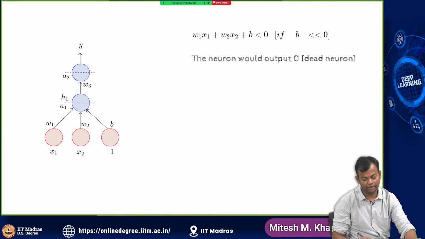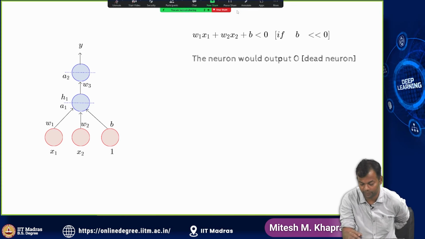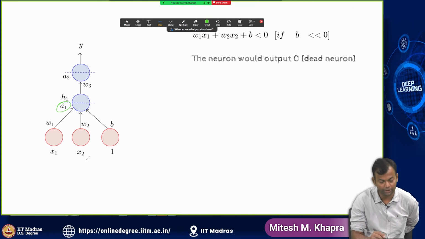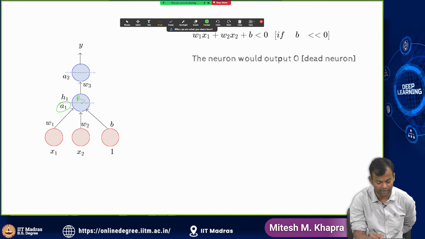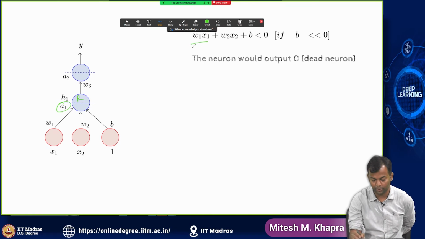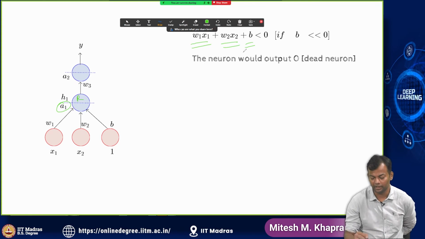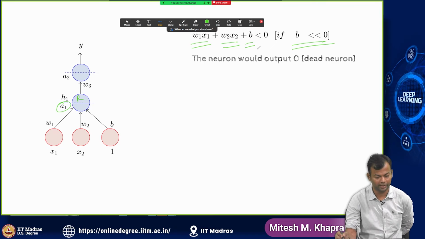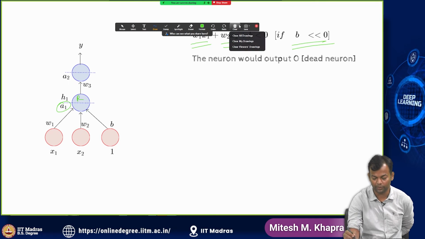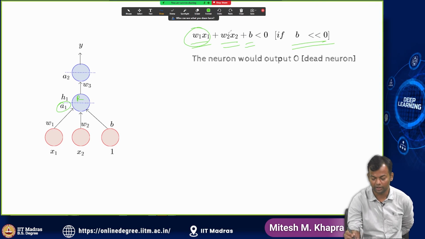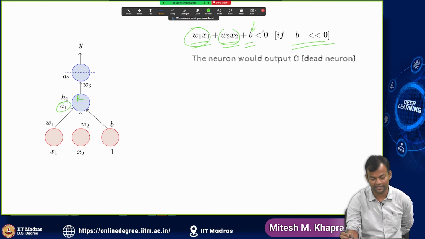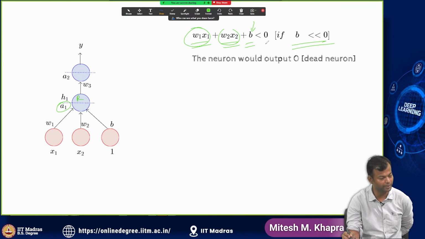So now your A1, which is the input to the Relu function, is just W1x1 plus W2x2 plus B. Now, if B is very negative, irrespective of what W1x1 and W2x2 are, this B, a very large negative quantity, would get added, so the Relu output is going to be 0.